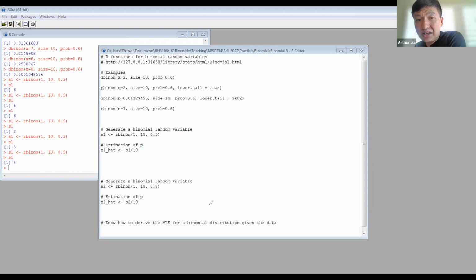That gives you the MLE, right? The whole process is required. I could ask you how to derive this in the final exam. I will give you some example data, and you will derive this MLE and use that data to give me the estimate.